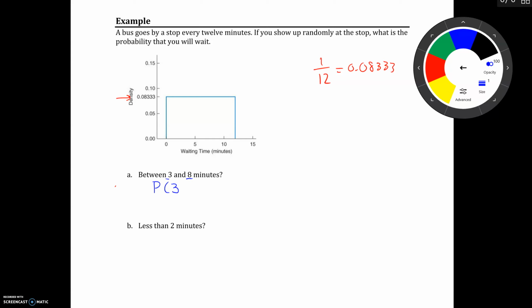For question 8, we're asked what's the probability of waiting between 3 and 8 minutes. To write that out, we'd put the probability that x is between 3 and 8, so x is greater than 3 but less than 8, and we'd say that that's equal to, well, we'd have to figure out what that area is. So what we're finding on our graph is the area between 3 and 8.